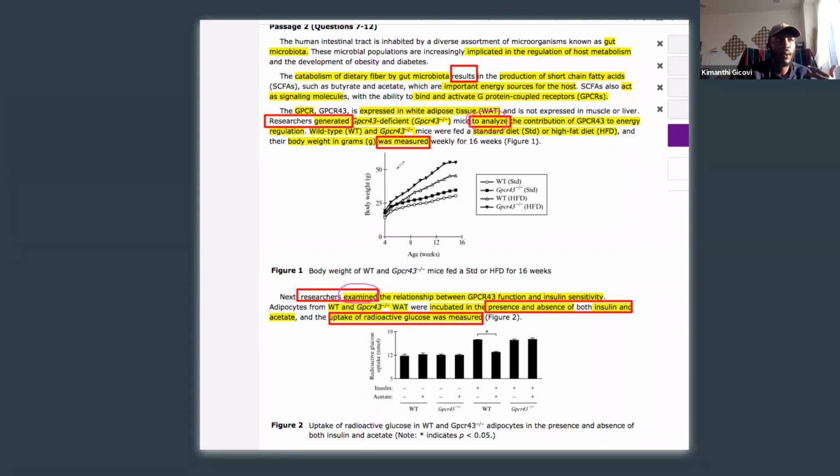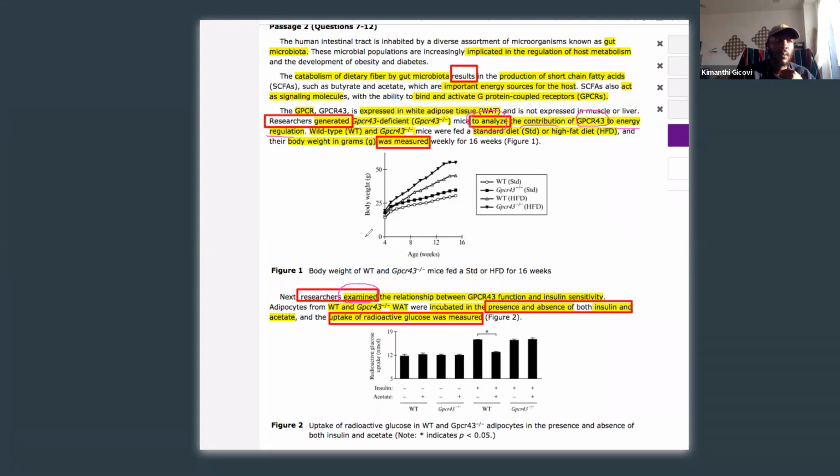For example, the first part, the objective was to analyze the contribution of GPCR 43, but remember, guys, we don't say GPCR 43. What do we say, Allison? Receptor. Bingo. To energy regulation, right?